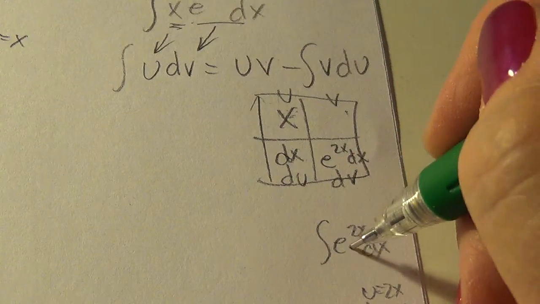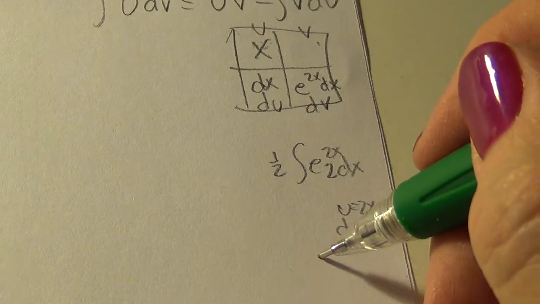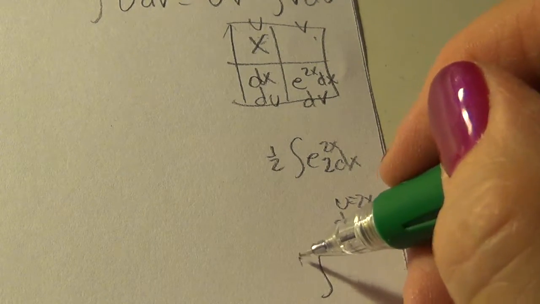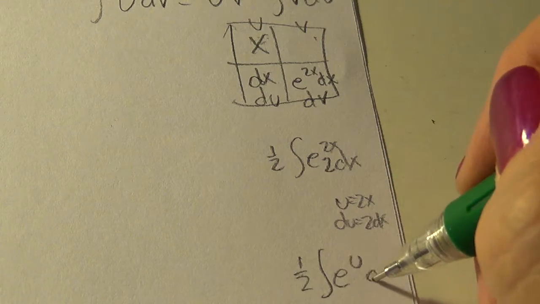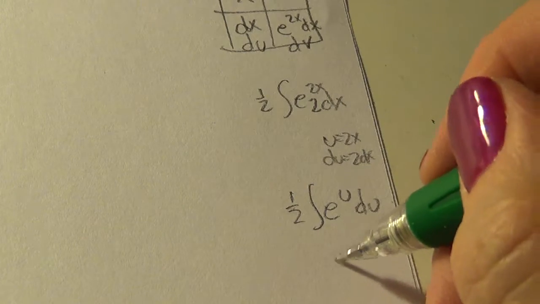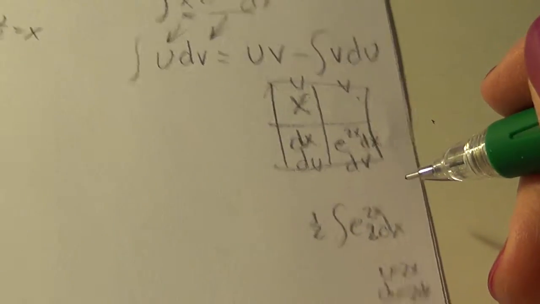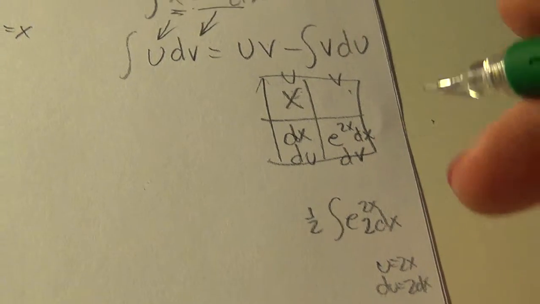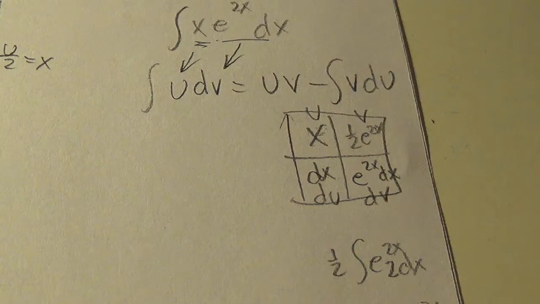So I need a 2 in here, and I have to put a 1/2 out there. So with u substitution, the integral of 1/2 e to the u du is just 1/2 e to the u. So we get 1/2 e to the 2x when we substitute back.